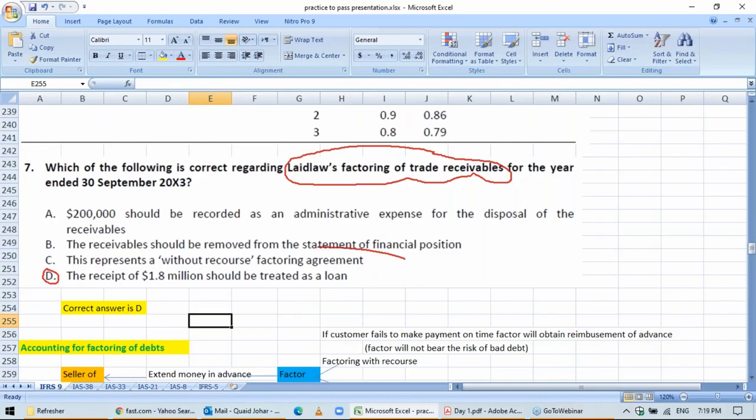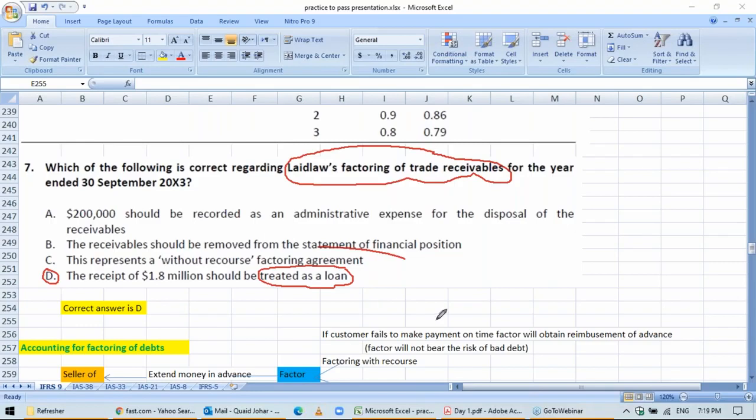In case of a with recourse factor, if the factor fails to collect money from the customer, the factor will receive a return from you, right? So returning the money means that you have borrowed the money from them. So this is not a sale of receivable. You cannot credit the sale. This is a loan. So therefore, we have treated this as a liability. So treated as a loan. So 1.8 million has been treated as a liability.